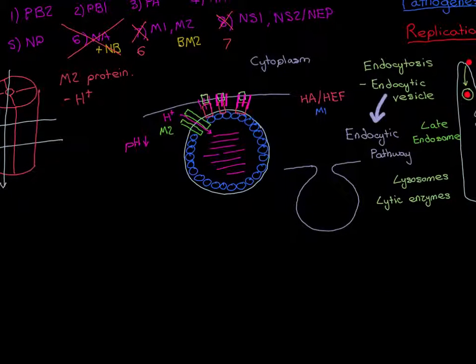In addition, they stop binding to the ribonuclear proteins, and this is something that I don't think I've actually told you at any point before. The M1 proteins are capable of binding to the ribonuclear proteins of the genome. Indeed, this is how the whole thing assembles. If the M1 proteins weren't capable of binding to the ribonuclear proteins, how on earth would you end up forming a beautiful M1 shell like this around the ribonuclear proteins so perfectly like that?